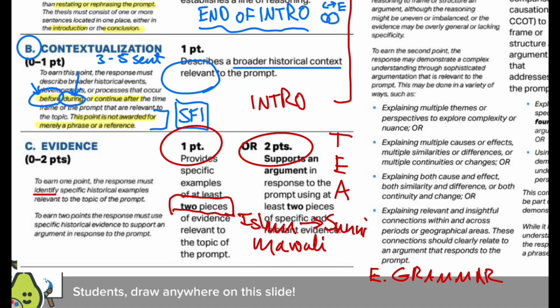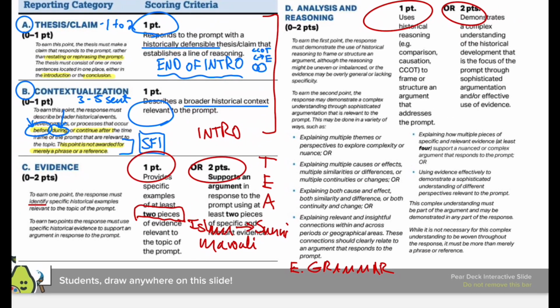Typically, empires that do not embrace tolerance tend to be overthrown more quickly, whereas empires that do accept and tolerate the diversity of the empire that they rule over tend to have fewer problems, at least when it comes to religion, because at this period of time, religion was all-encompassing. That was one of the most important things to people. So that moves us over to the rest of our body paragraph with analysis.